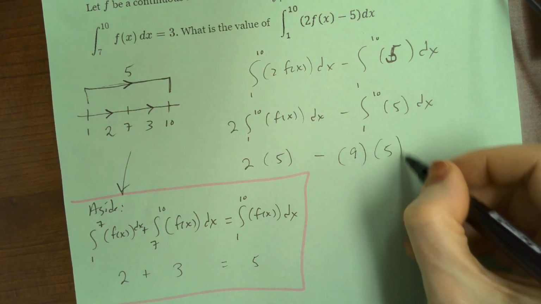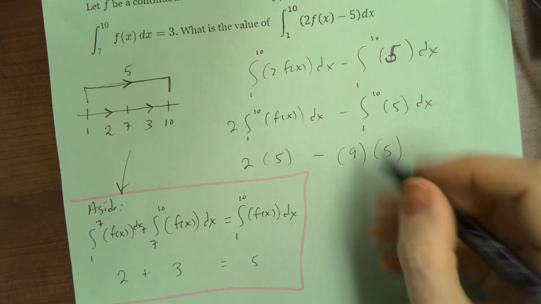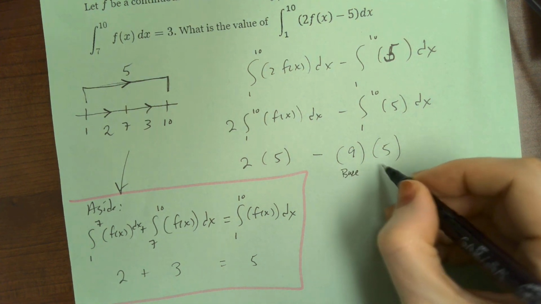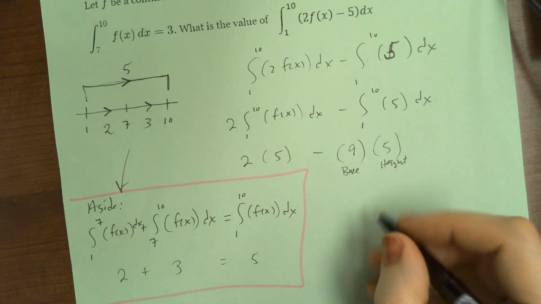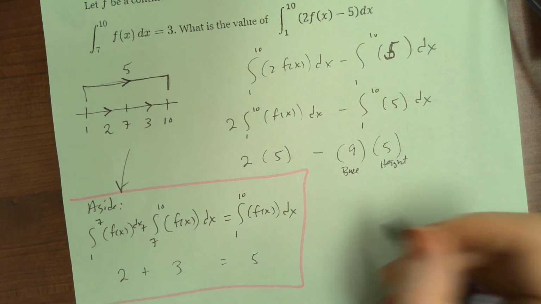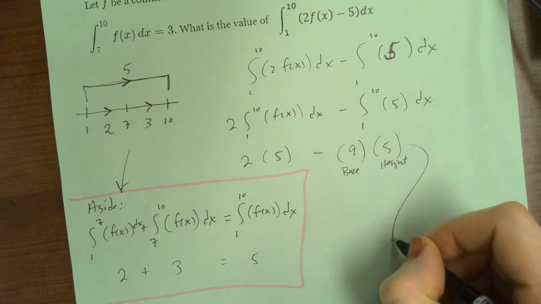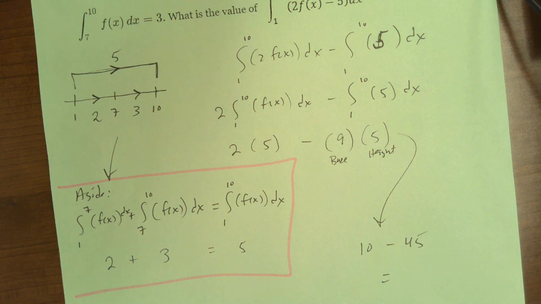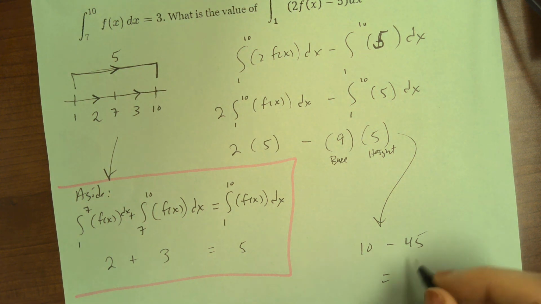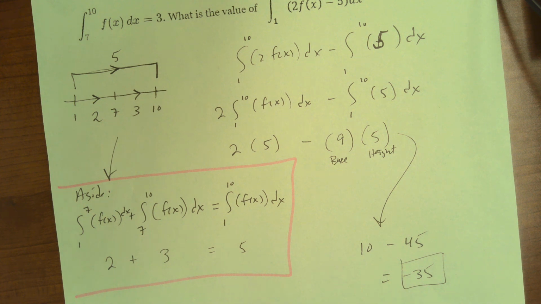Its height is 5. So this is base times height. So this ends up being 10 minus 45 equals negative 35. Okay, so there it is.